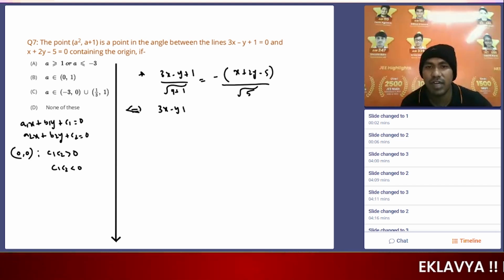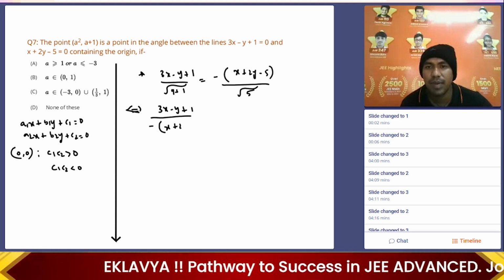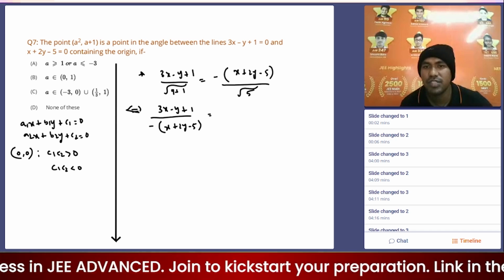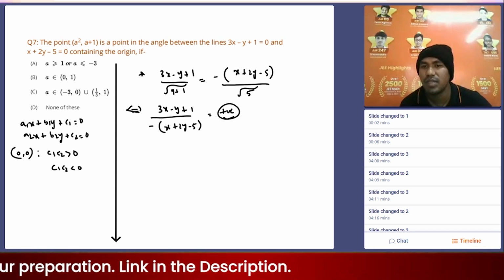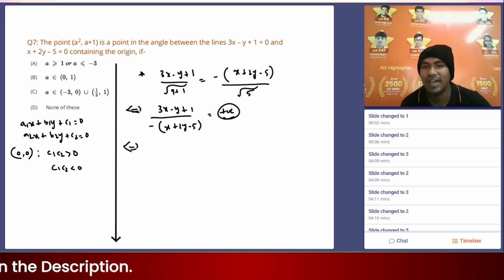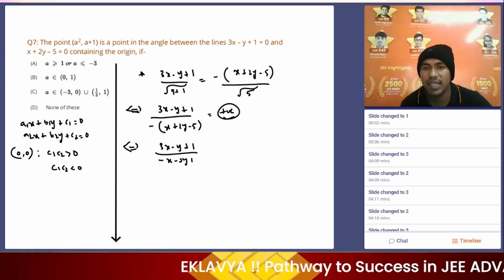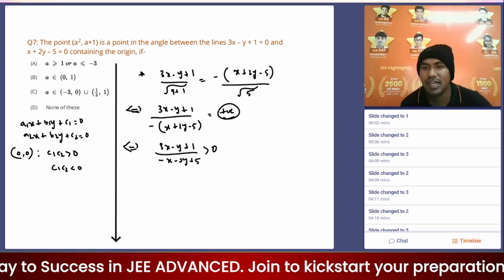Now from here, if I write 3x minus y plus 1 upon minus of x plus 2y minus 5, which is equal to root 10 upon root 5, this is a positive value only. That means this has to be always greater than 0. That means 3x minus y plus 1 upon minus x minus 2y plus 5 has to be greater than 0.